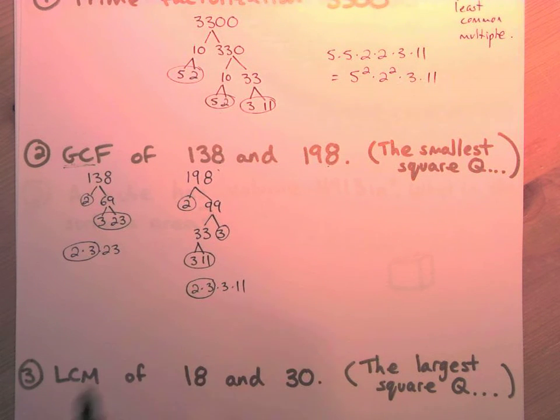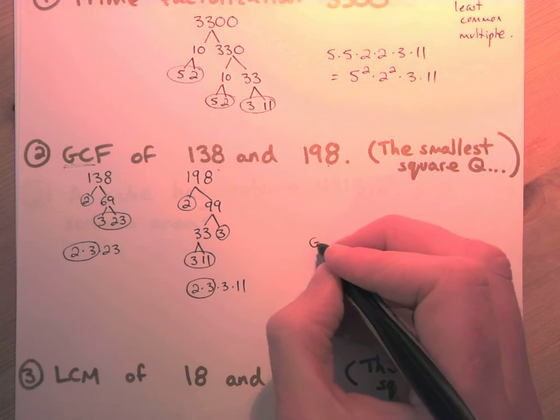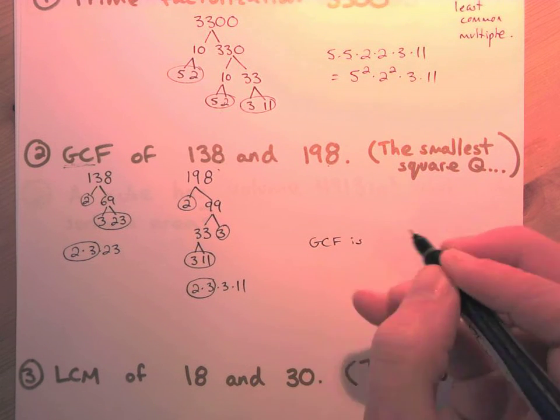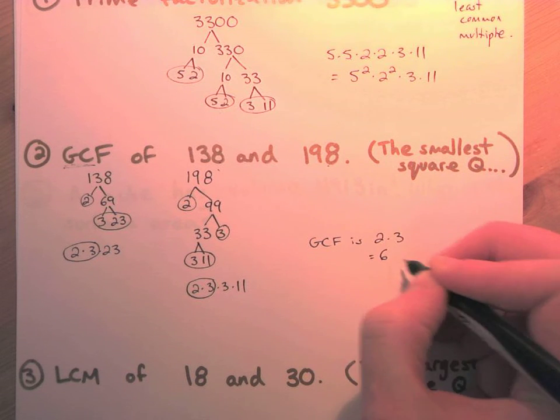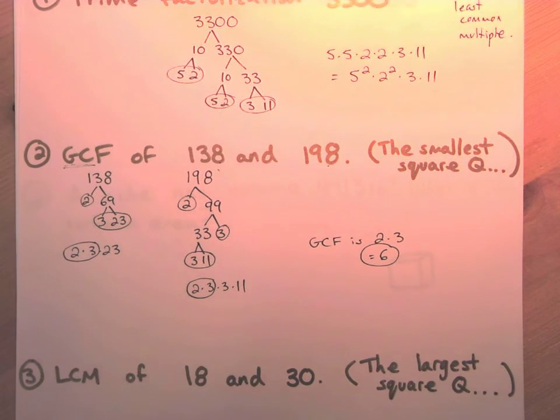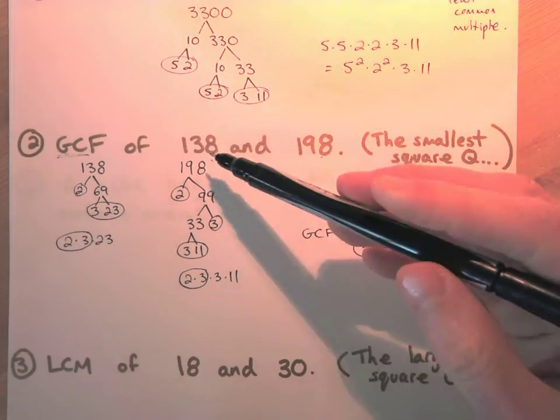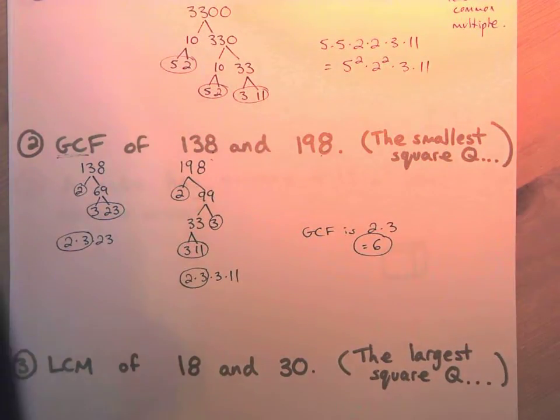Those are the commonalities between the two. Since they both share those, our GCF is 2 times 3, or 6. Our greatest common factor is 6. It's a number that divides evenly into both 138 and 198. Let's check.